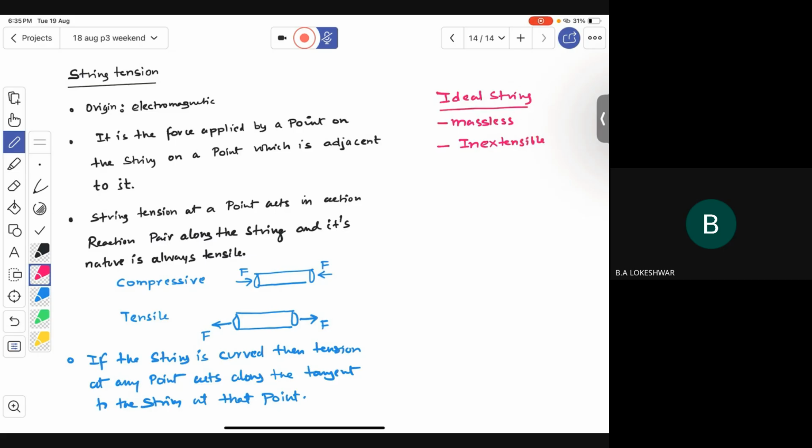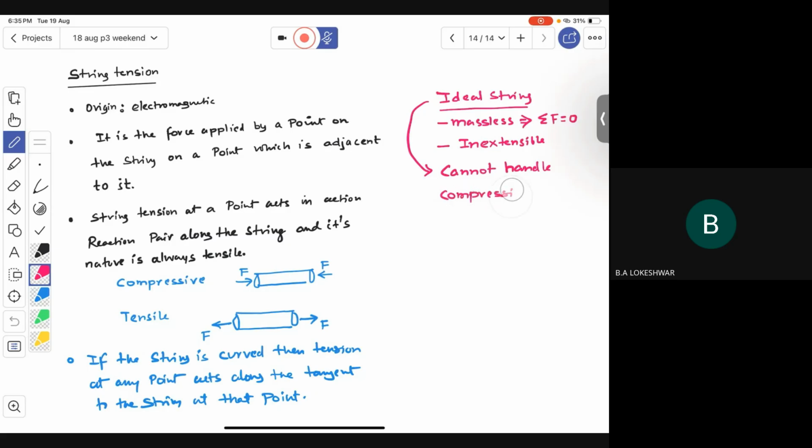So whenever something is given as massless, automatically your brain must tell you that the net force on it will always be zero. And also, an ideal string is something which cannot handle compressive forces.